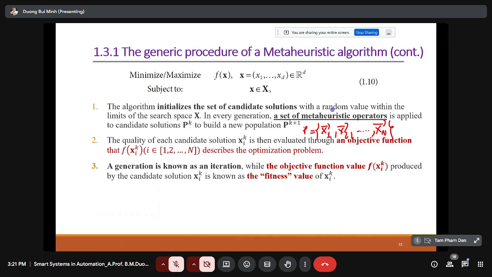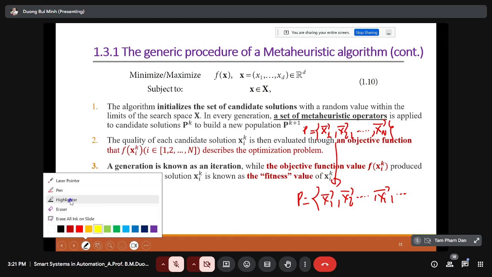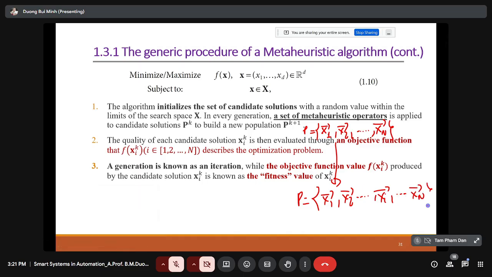I just pick one at random, for example xi, from the population, which has n solutions. I pick one to evaluate the objective function.